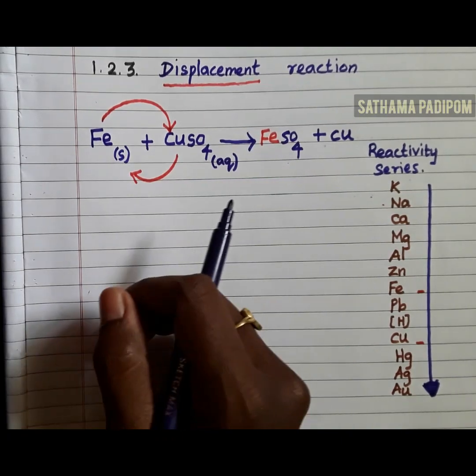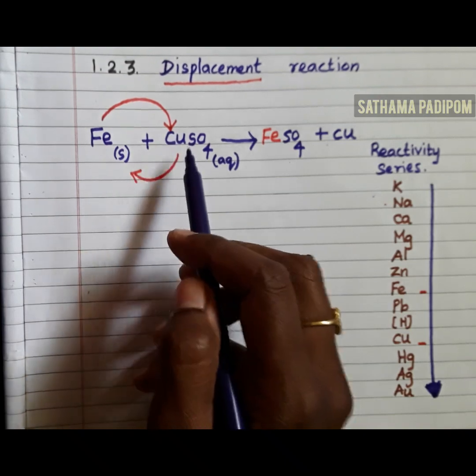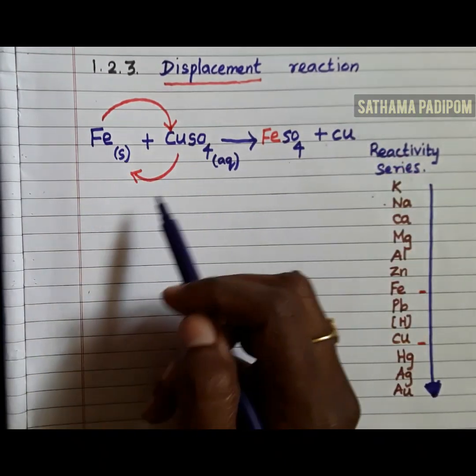They ask, how will you write? The highly reactive metal which will displace the lowest reactive metal in the chemical reaction. This is called the displacement reaction.